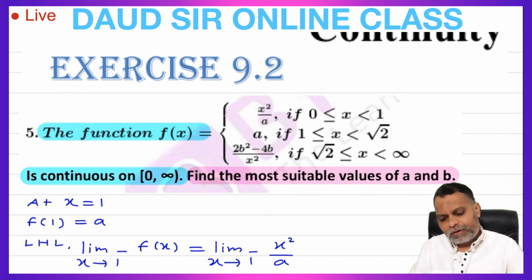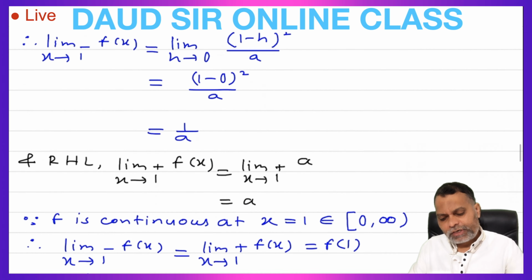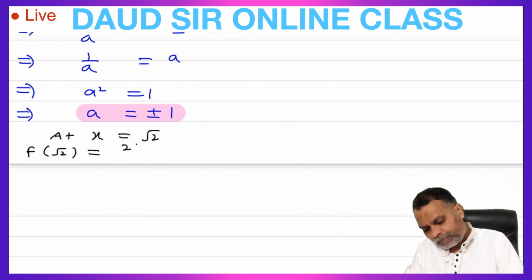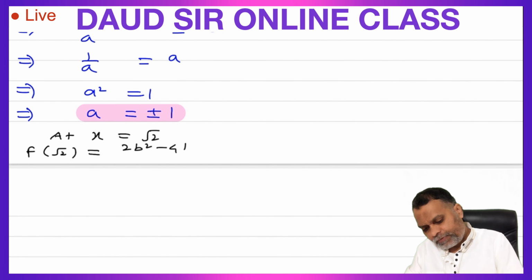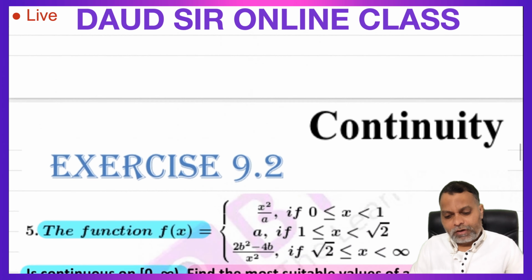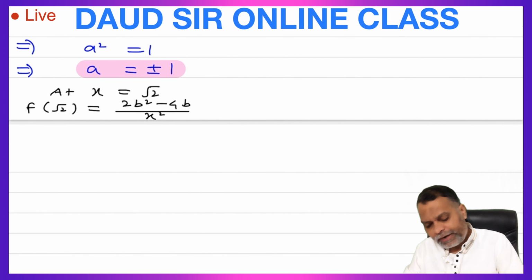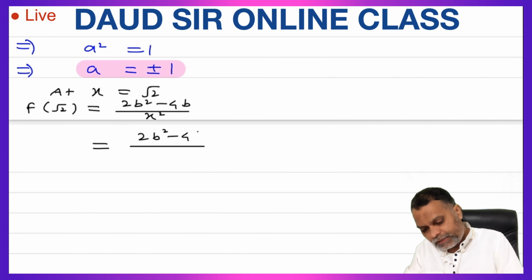2b square minus 4b upon x square. Substitute x is equal to root 2 here. 2b square minus 4b upon root 2 square.